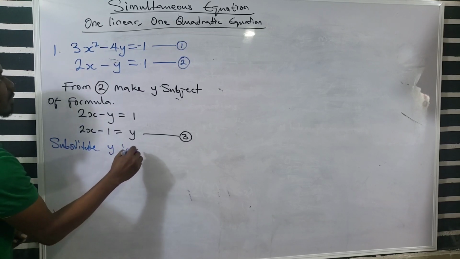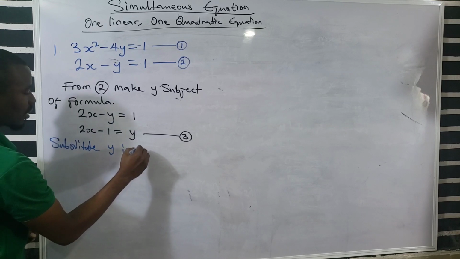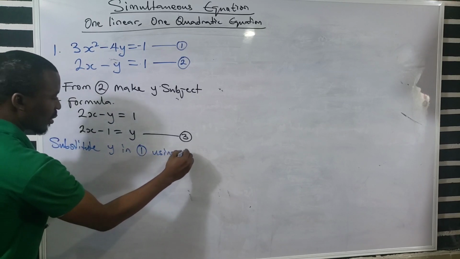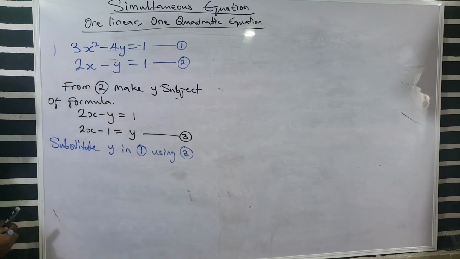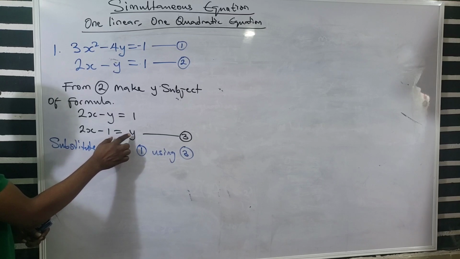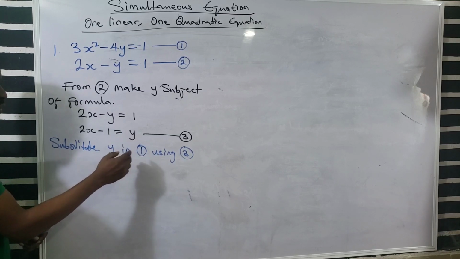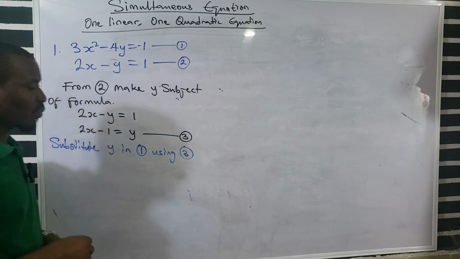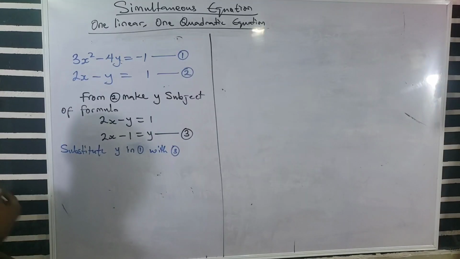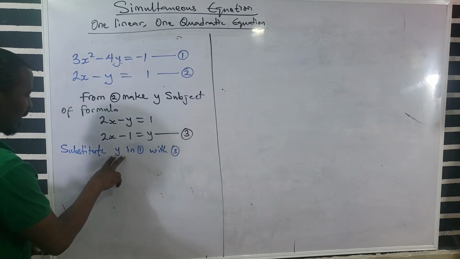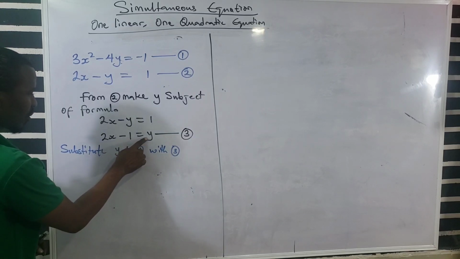Okay. So what else are we going to do is to substitute y in equation 1 using equation 3. So we are going to replace the value of y, or the expression representing y, in equation 3.